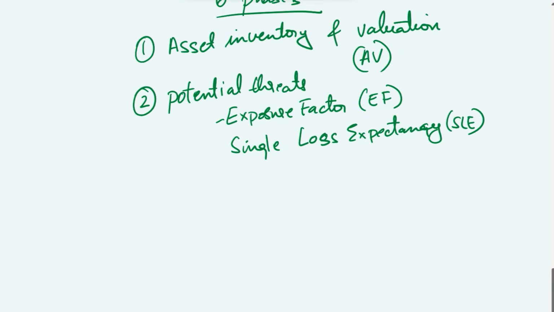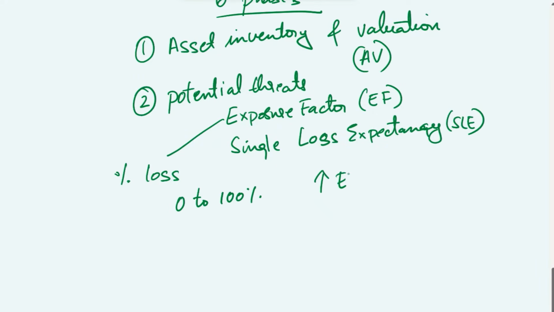Exposure factor represents the percentage of loss that an organization would experience if a specific asset were violated or affected by a realized risk or threat. It indicates the extent of potential loss to an asset when a particular risk event occurs. Exposure factor is typically expressed as a percentage ranging from 0 to 100%.